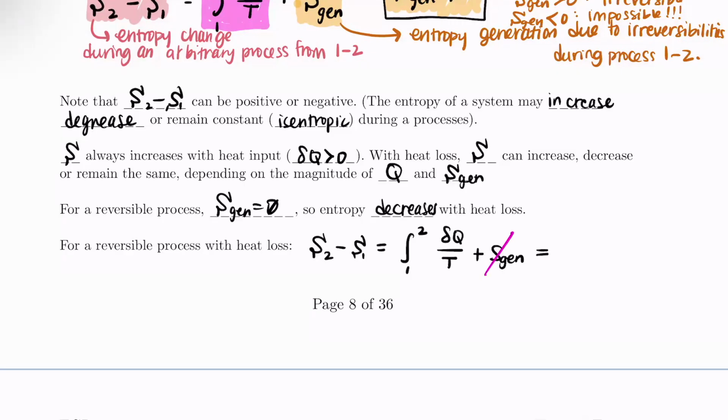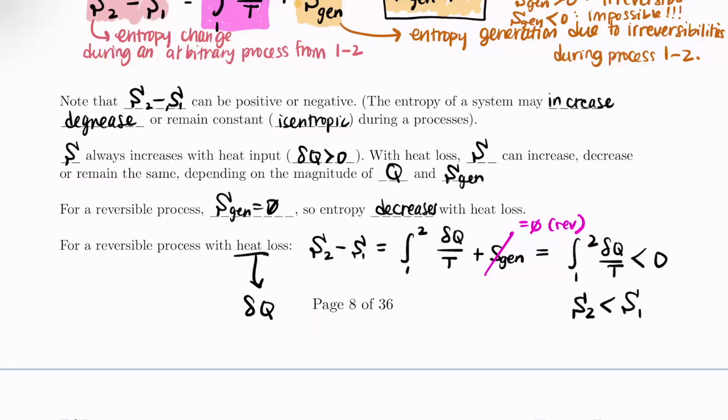But S gen is 0 for reversible. So we end up with the integral from 1 to 2 delta Q over T is less than 0. So this means that S2 must be less than S1. All right, and just to remind you, heat loss means that delta Q is less than 0.